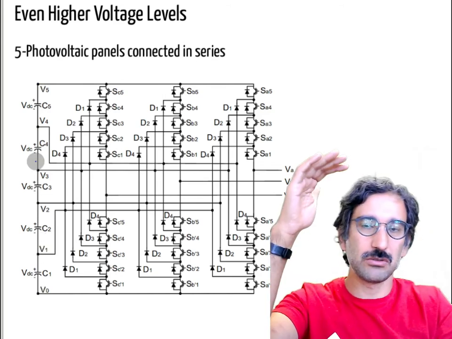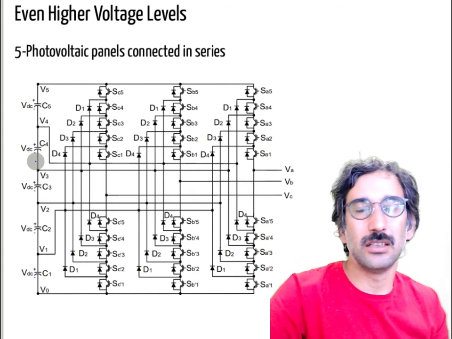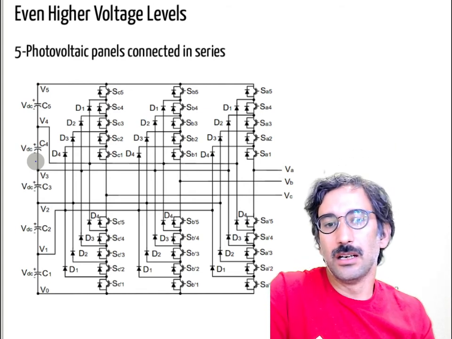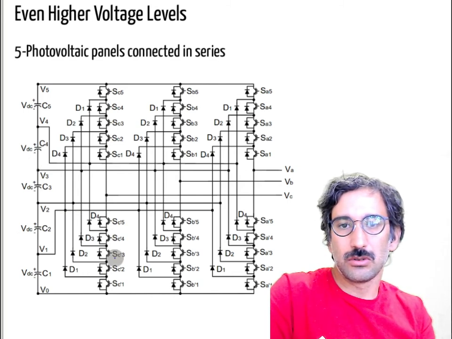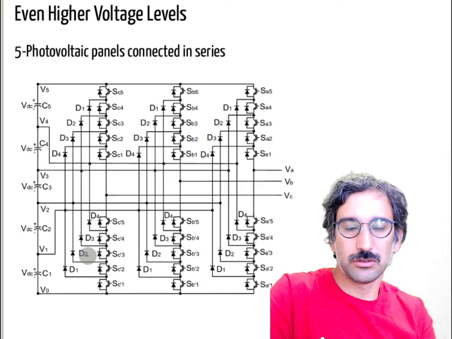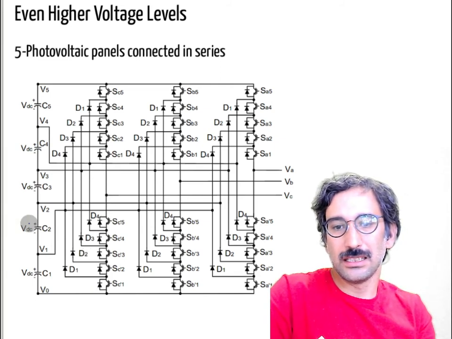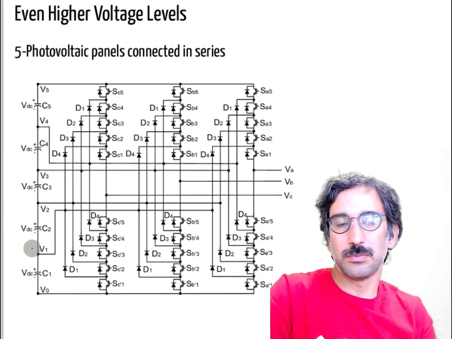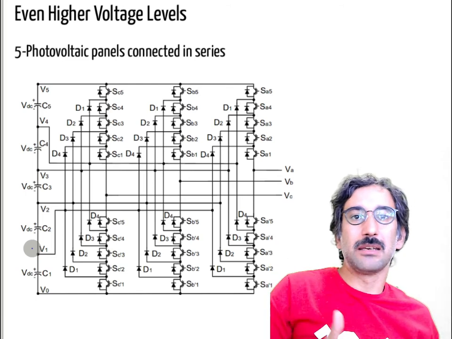Once you have a series VDC, maybe you can connect it using a normal H-bridge, but you can also use a 5-level neutral point clamped voltage source inverter like that. Don't think that those panels are just single panels of 36-40 volts, it can be many panels in series.